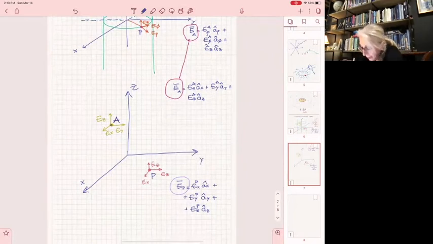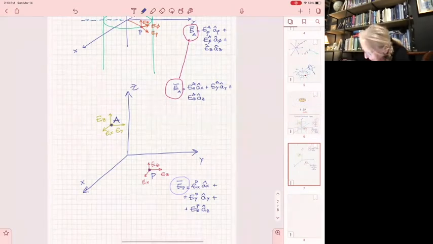That in the Cartesian system, all of the X components are parallel. So this X component of one is parallel with this X component of the other. All of the Y components are parallel. This is Y. So this one of P is in the same direction as this Y component of A, and all of the Z components are parallel.